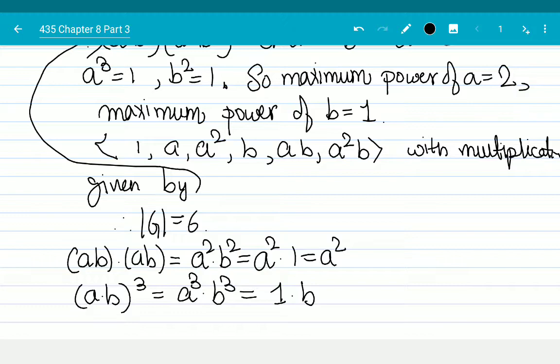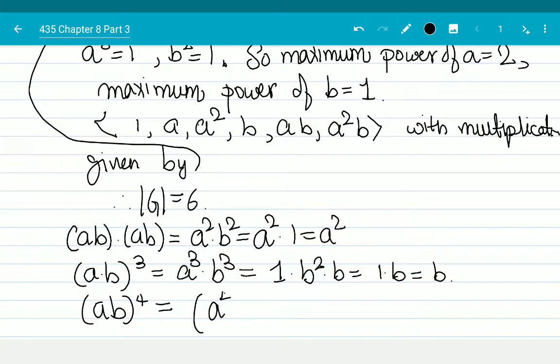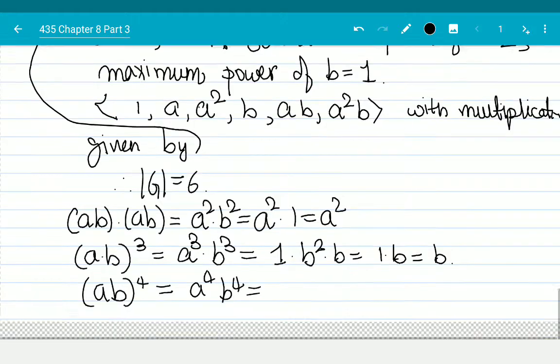B cubed is B squared times B, which is 1 times B. So this is just B. AB to the 4 is equal to A to the 4, B to the 4.